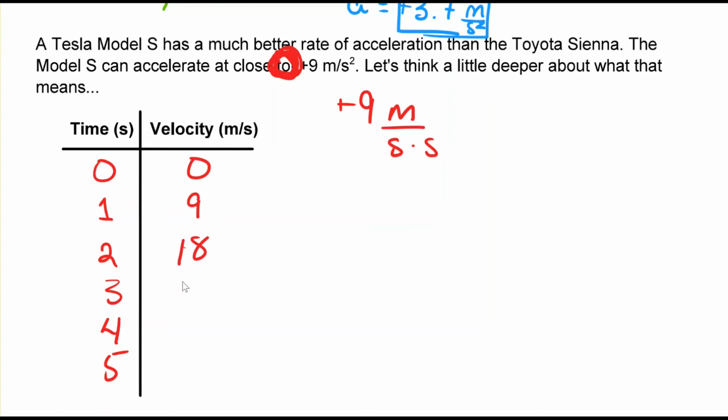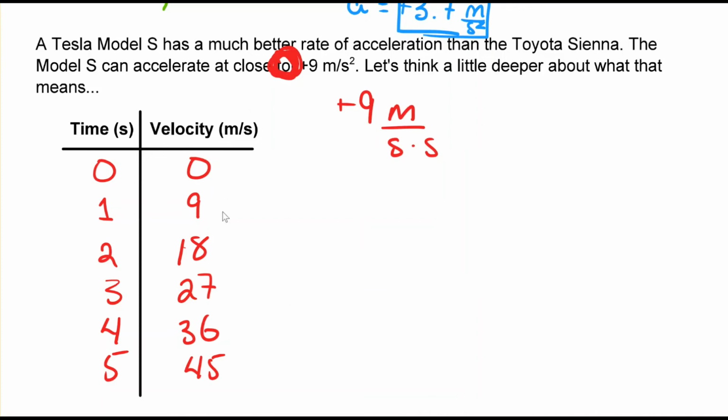Another second later, we add another 9, so we're going 27 meters per second. And then 36. And then 45 meters per second. In general, this is what acceleration means. It means how much we are gaining or losing off of our velocity every single second.